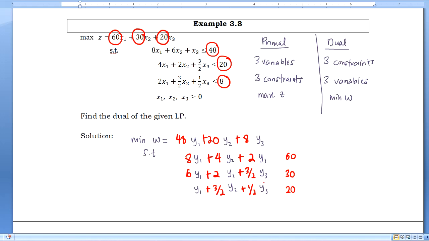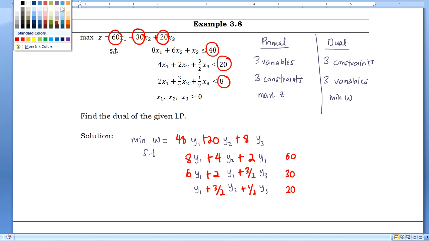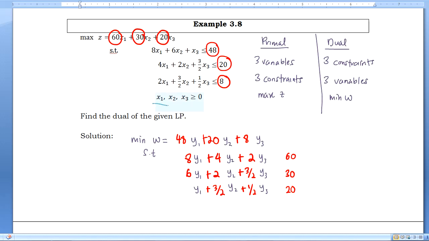Okay, now let's get the sign of the constraints. The sign of the constraint in the dual depends on the sign of the variable in the primal. We can see all variables in the primal are non-negative.